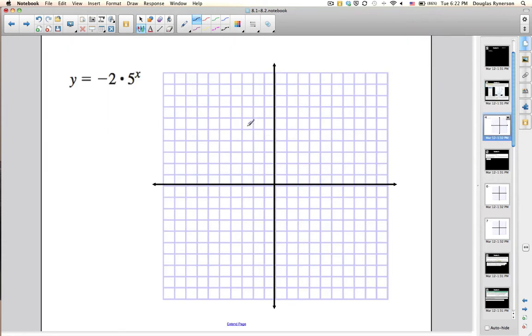When we look at graphing these, in this case it's in a very simple form, what I would do is an input-output table. What's going to help me find the best points to define this curve is this: once I move into negative exponents, that inverts my base, so it starts approaching 0.